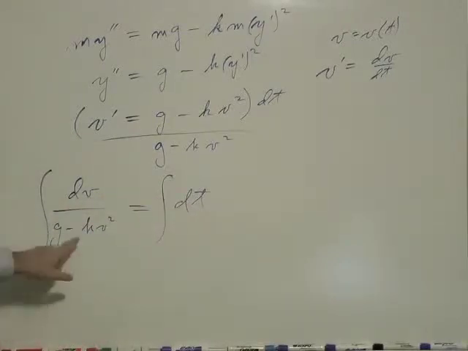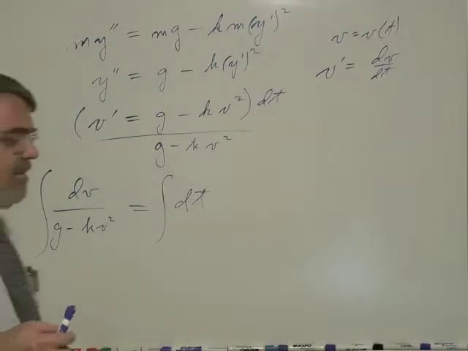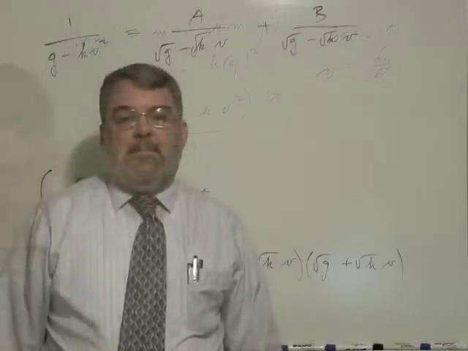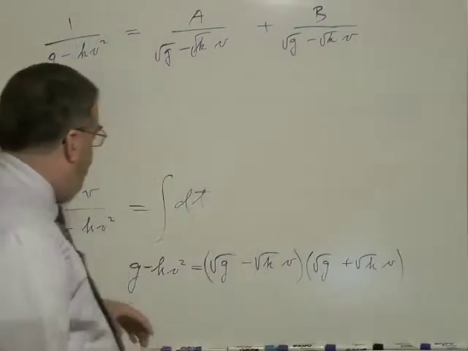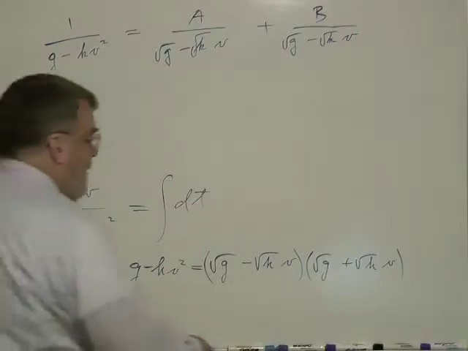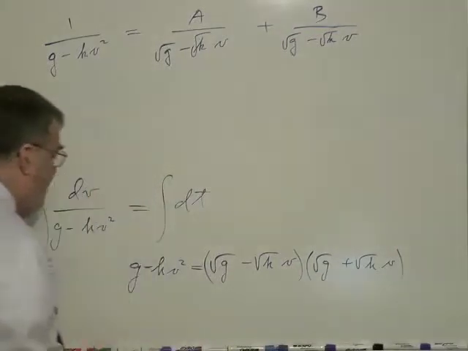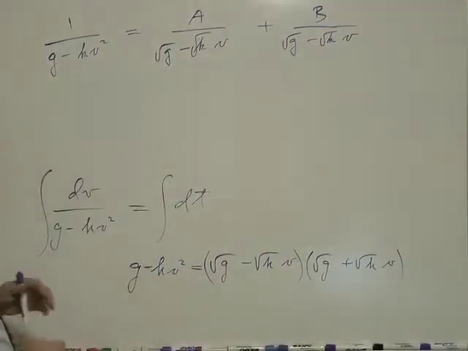So this one's going to be pretty messy. I'm going to erase up here and start to work this one over. The first thing I'm going to do is take this denominator and factor it as a difference of two squares, and you can verify that if we multiply these two conjugate expressions together, we get this expression here, the difference of two squares.